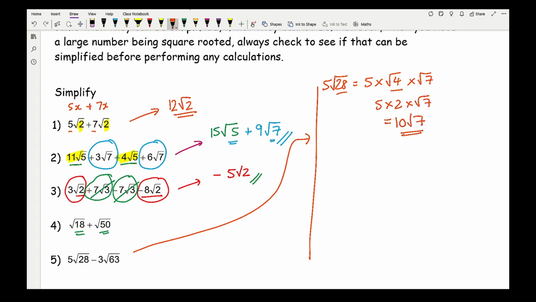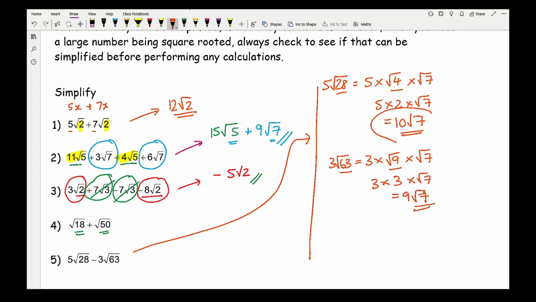And then looking at 3 root 63, well, again, I've got 3 times, and then if I look at what square number goes into 63, well, that's going to be root 9 times root 7. I can simplify the root 9 into 3. So what that then becomes is 9 root 7.